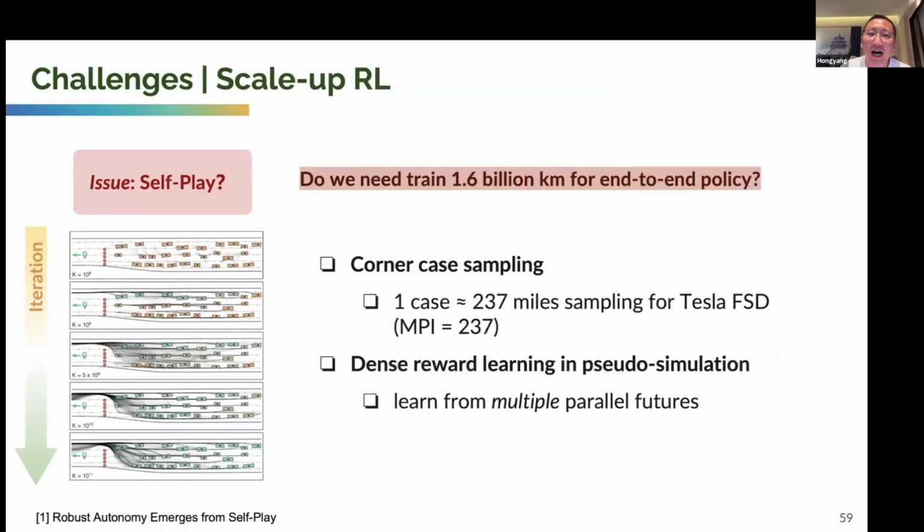Here we want to argue that no, it's really not necessary. As a corner case example, if we do a very quick calculation, one case needs more than 200 miles of sampling for a robust Tesla FSD, for example. It also deals with dense reward learning in pseudo-simulation, and it has to learn from multiple parallel futures.